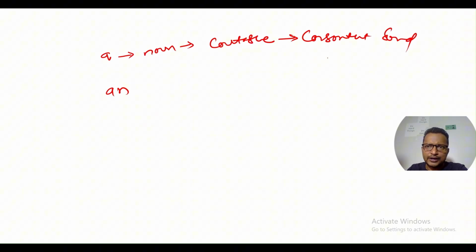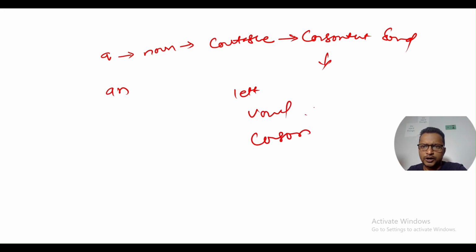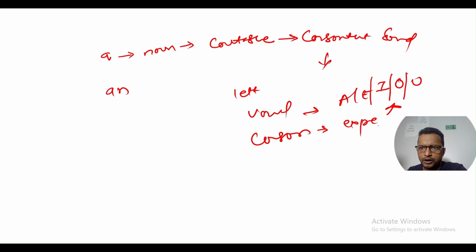In the English language there are two types of letters: vowel and consonant. What is a vowel? A, E, I, O, and U. These five letters are vowel letters, and consonant letters are anything except A, E, I, O, U.